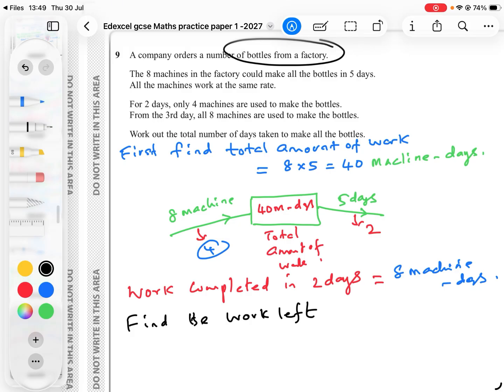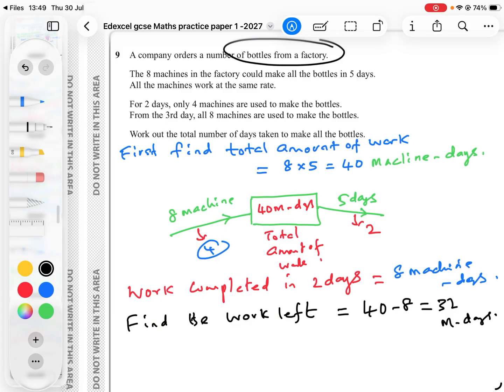So factory should finish total amount of work 40. But in 2 days only finish 8. So work left 40 take away 8. So that means 32 machine days left.